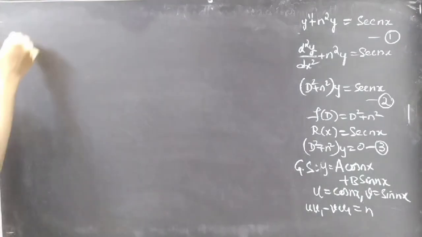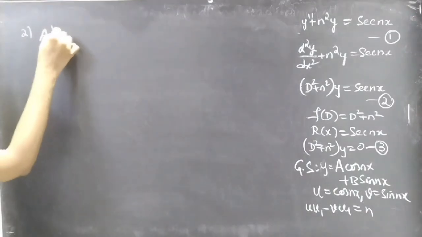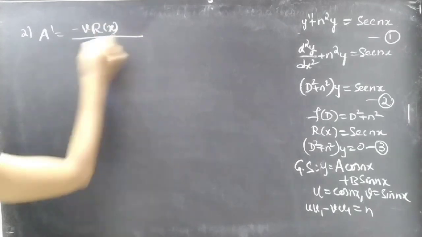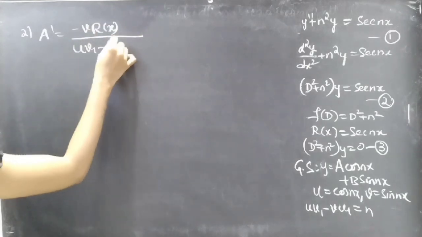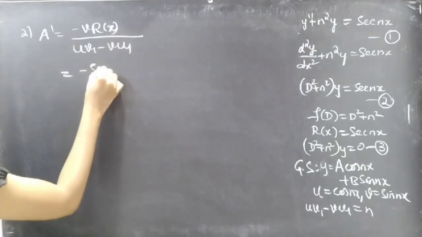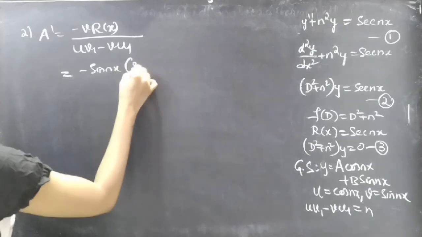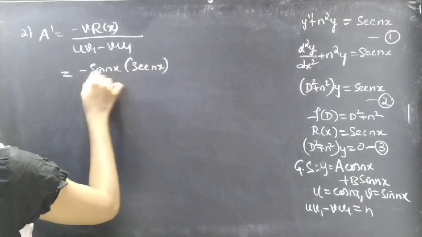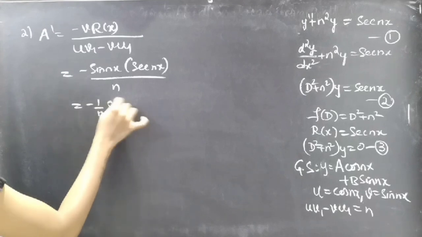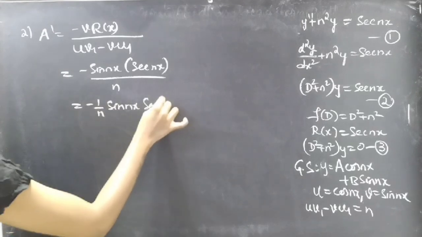Now coming to a dash. A dash is given by minus v into r of x by uv1 minus vu1. v is sin nx, r of x is secant nx, by uv1 minus v1 is n. This gives us minus 1 by n into sin nx secant nx.